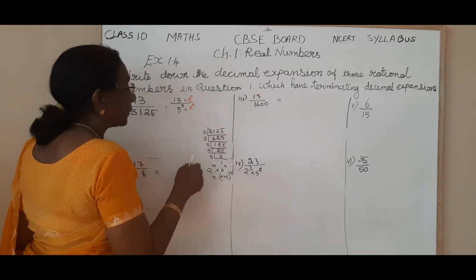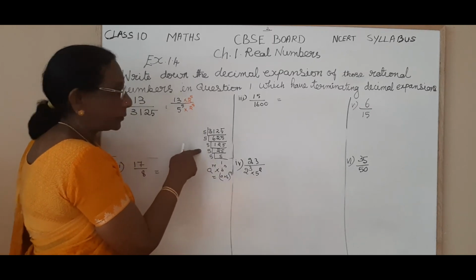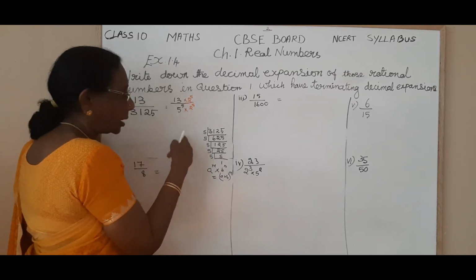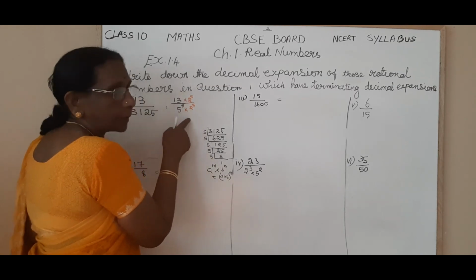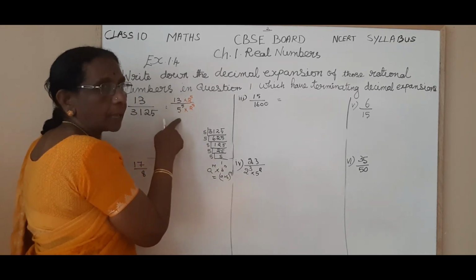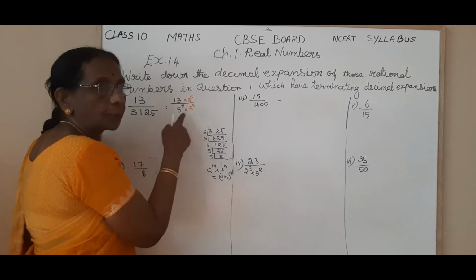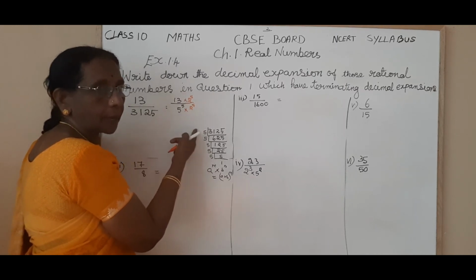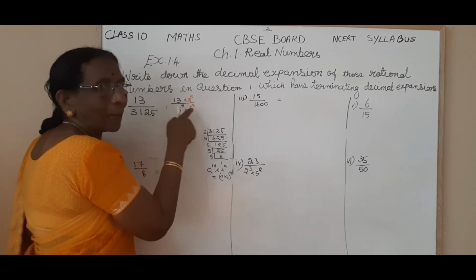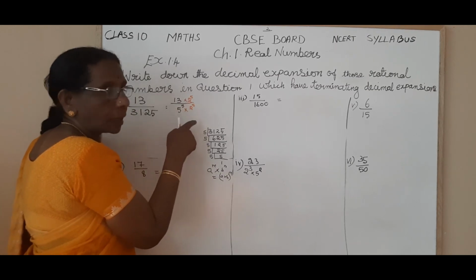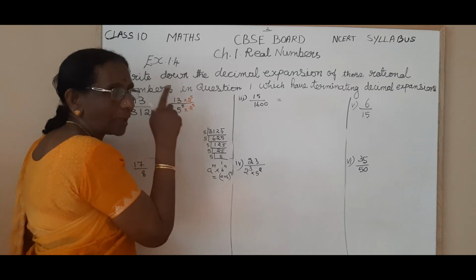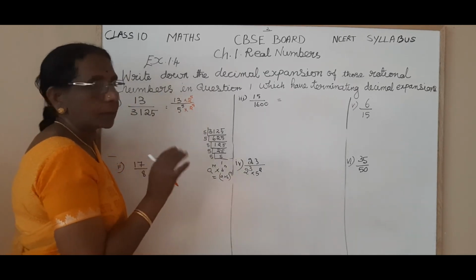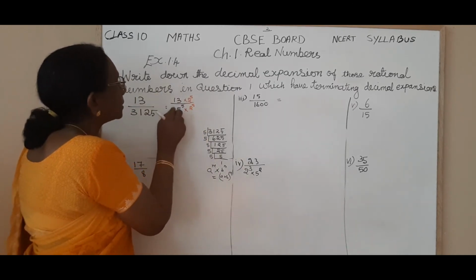So first step, find the prime factors of the denominator. Second step, find the missing factor. If 5 is there, you have to write 2. If 2 is in the denominator, you have to write 5, and make the powers the same by multiplying the numerator and the denominator with the same number. So the value will not change.